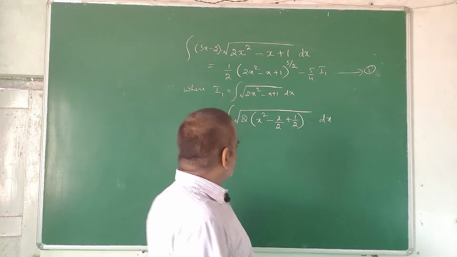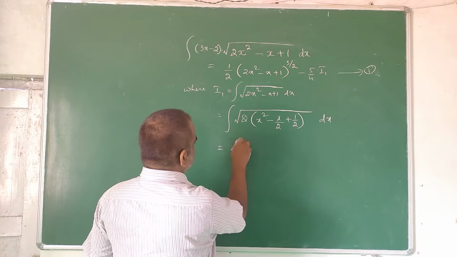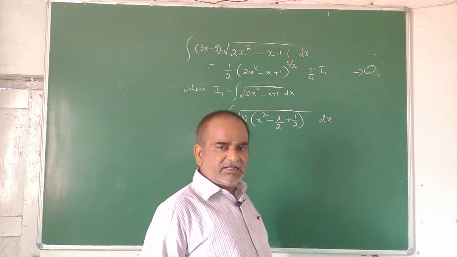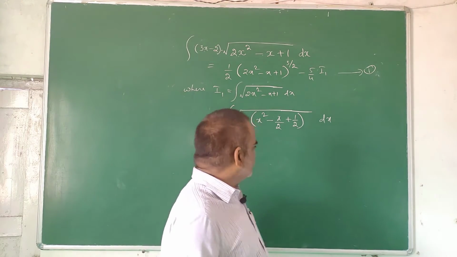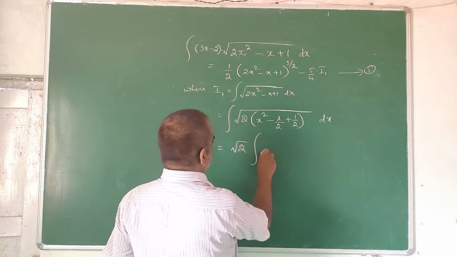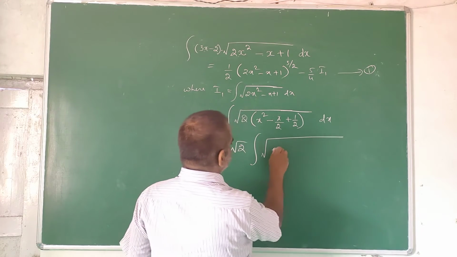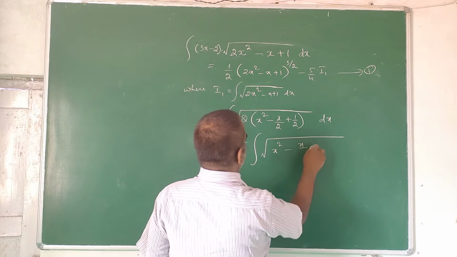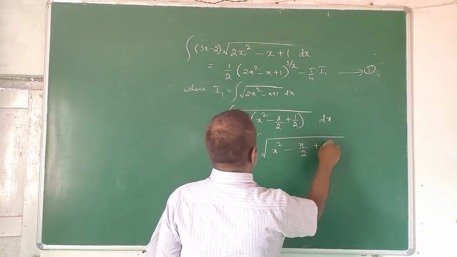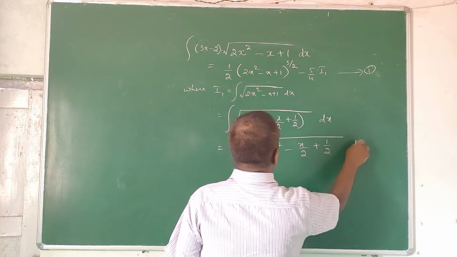So this is equal to root 2, which is constant, so you can write it outside, integral root over x square minus x by 2 plus 1 by 2 dx.